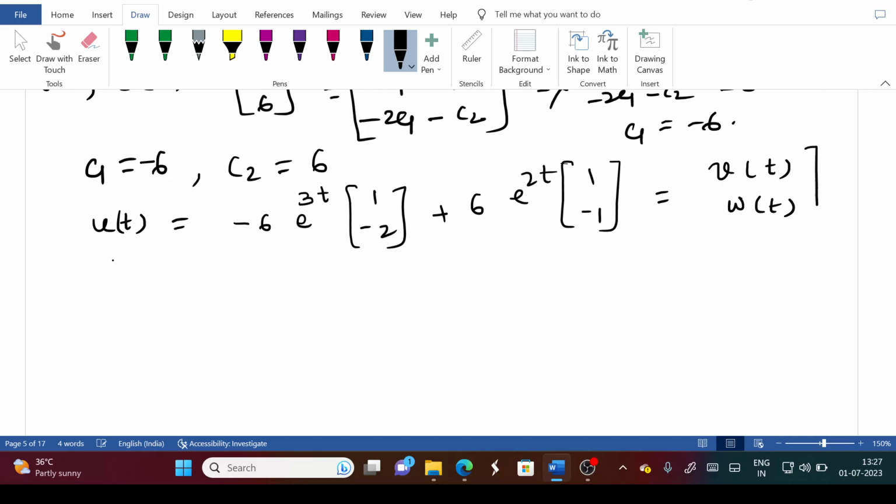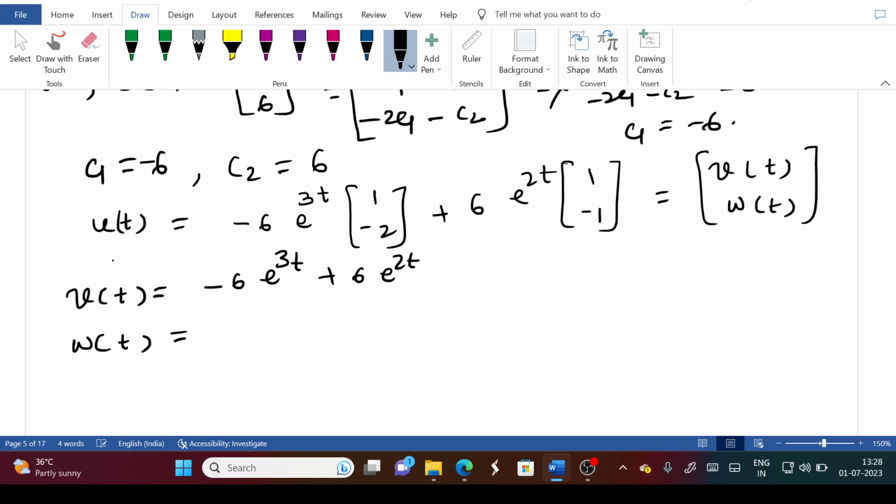So the exponential form of the solutions are: v(t) = -6 e^(3t) + 6 e^(2t), and w(t) = 12 e^(3t) - 6 e^(2t), are the exponential form of the solution.